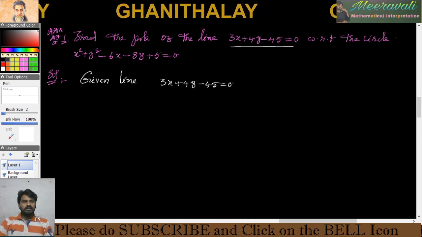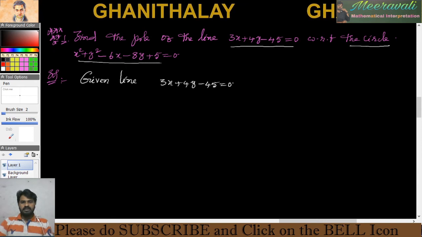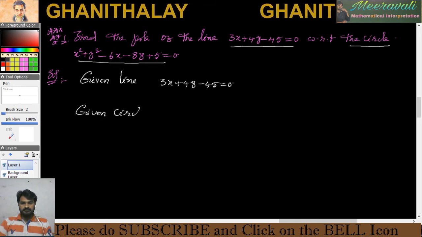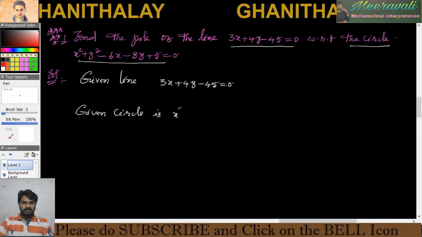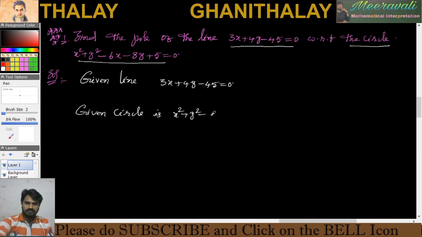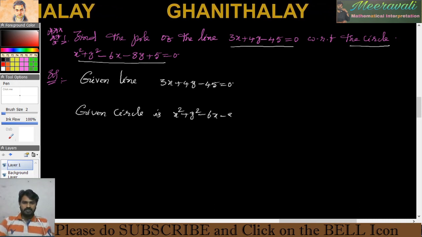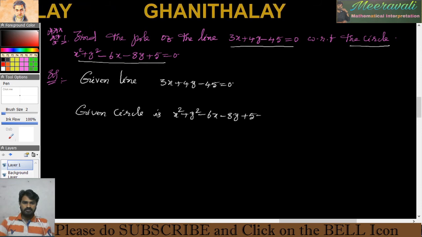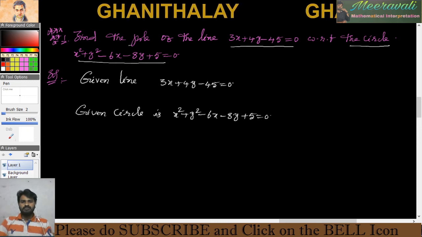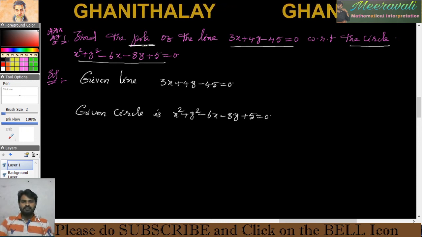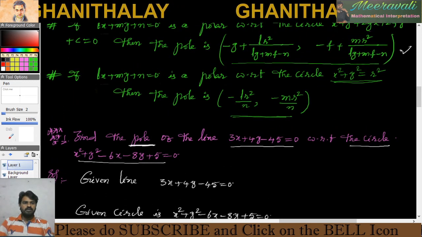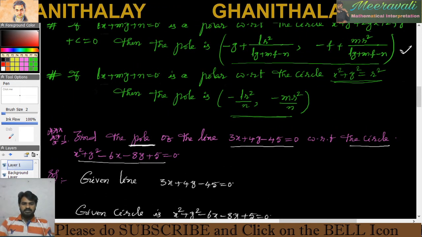Good. Next, the given circle will be there. You have to write the given circle: x square plus y square minus 6x minus 8y plus 5 is equal to 0. This is the circle. So what should you find to find the pole? To find the pole we have to use this formula, because the circle is in the general form.